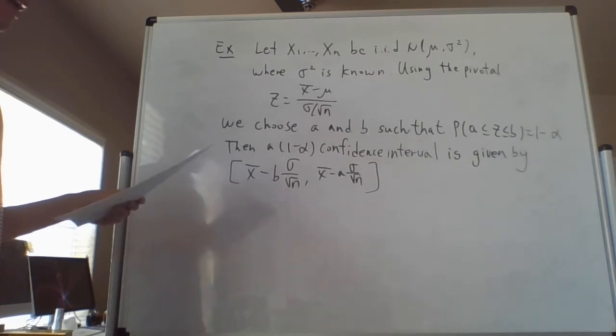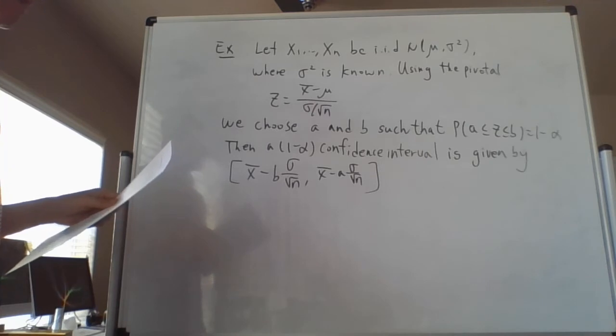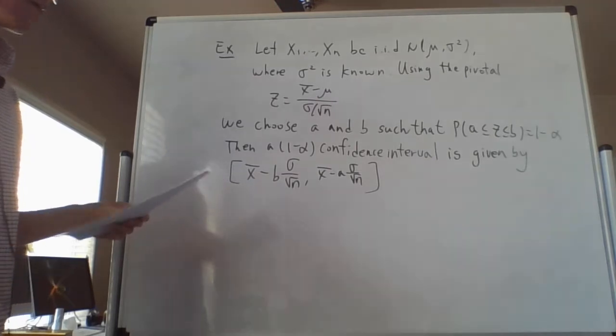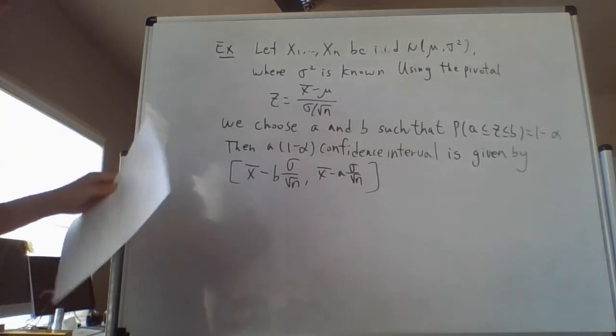That's the lower bound, and the upper bound is X bar minus A times sigma divided by square root of n. So you can see that there are infinitely many 1 minus alpha confidence intervals depending on A and B.